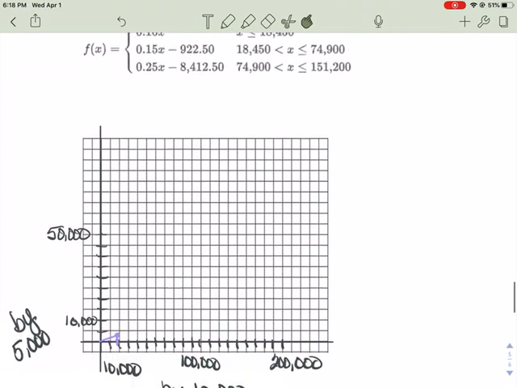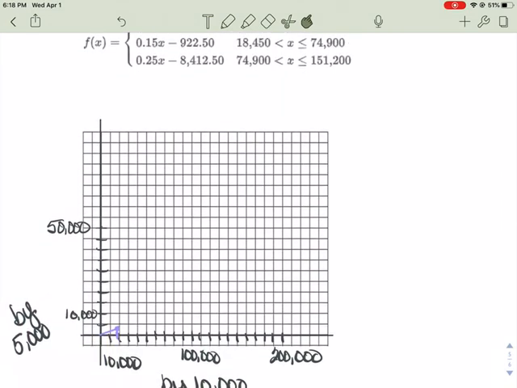Now, when I get to 74,900, which is the second one, right here, that's going to be a little bit steeper.